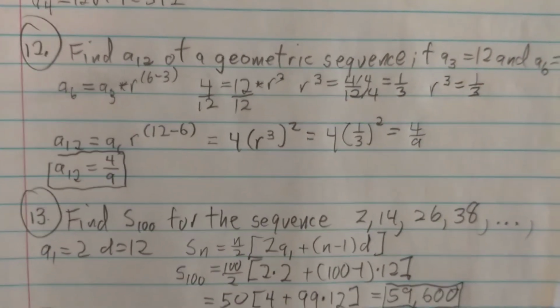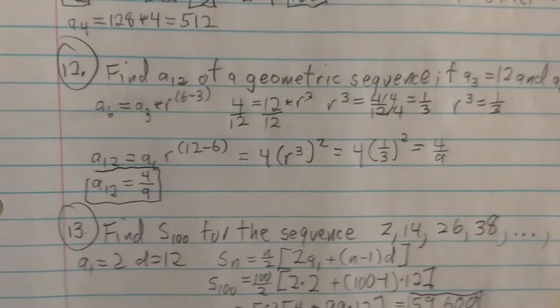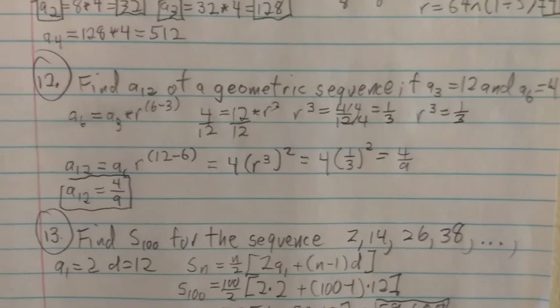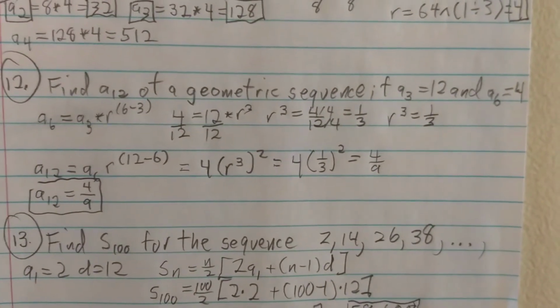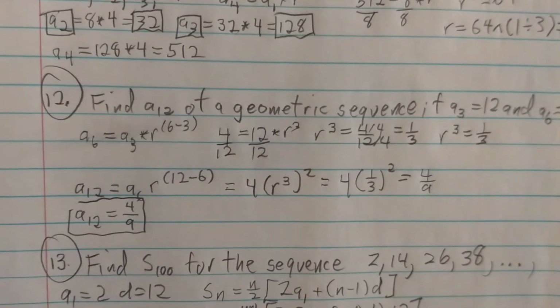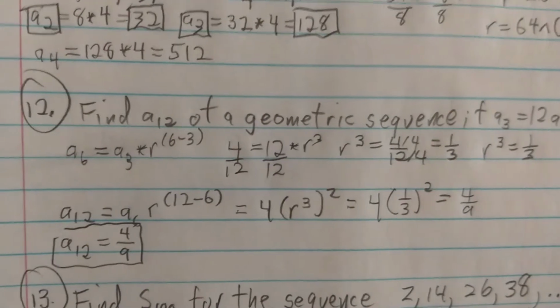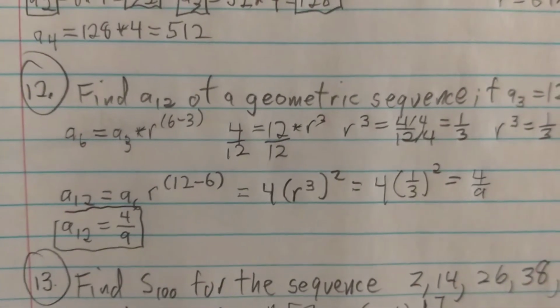Now on 12, we want to find a sub 12 of the geometric series if a sub 3 equals 12 and a sub 6 equals -4. So let's plug into our geometric sequence formula. A sub 6 is equal to a sub 3 times r to the 6 minus 3.